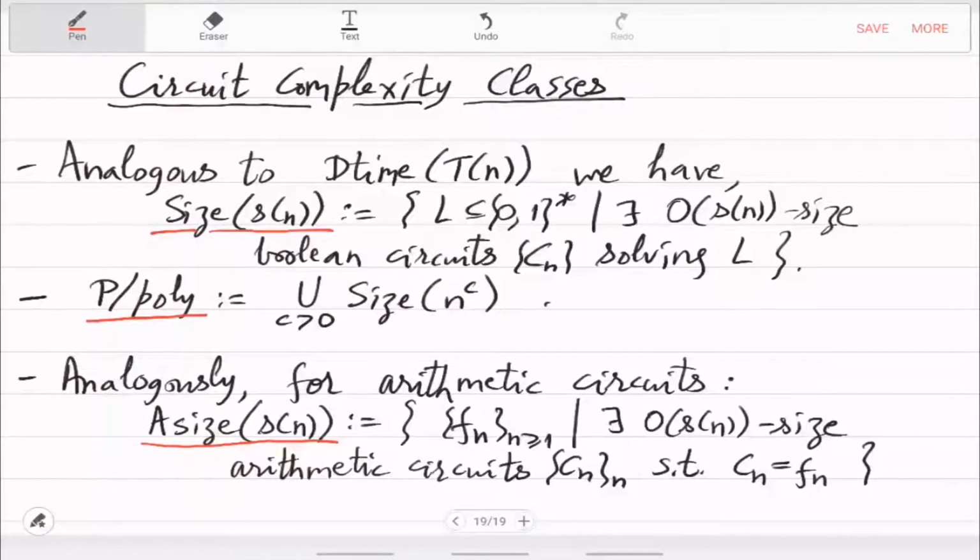So syntactically it looks the same as above, except that instead of a language we are talking about a polynomial family. It's a list of infinitely many polynomials Fn, one for each number of variables, or arity n. So you want these respective arithmetic circuits Cn equal to Fn. Cn computes Fn.